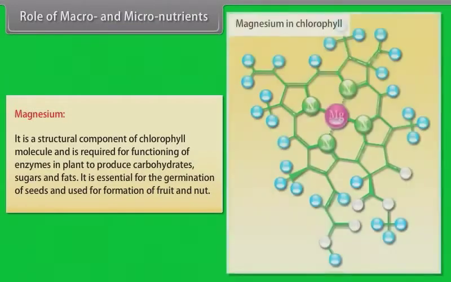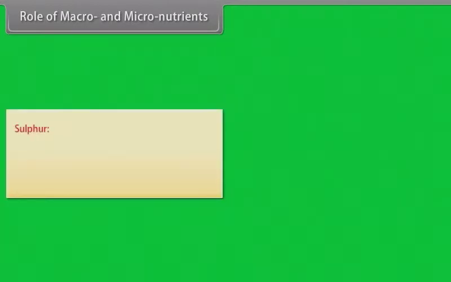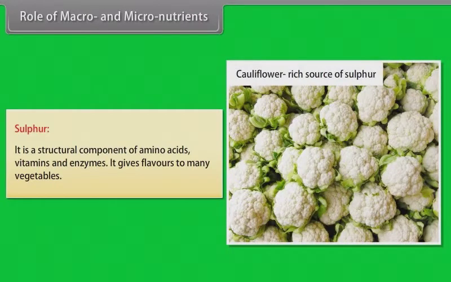It is a structural component of the chlorophyll molecule and is required for functioning of enzymes in plants to produce carbohydrates, sugars and fats. It is essential for the germination of seeds and used in formation of fruits and nuts. Sulfur. It is a structural component of amino acids, vitamins and enzymes. It gives flavors to many vegetables.